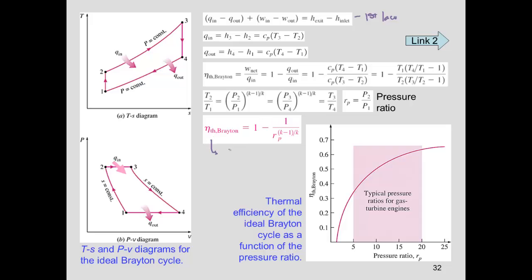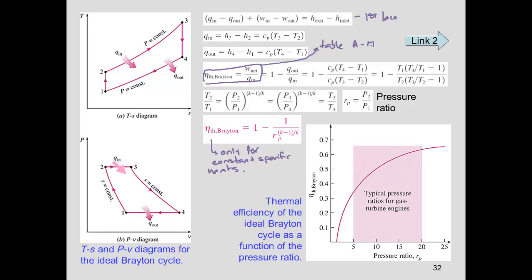Again, this is valid only for constant specific heats. If you use variable specific heats, start from this and the properties from table A17.